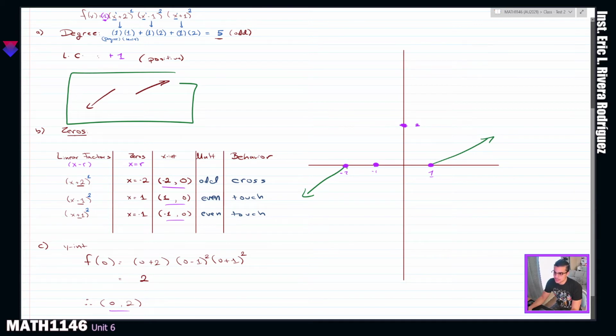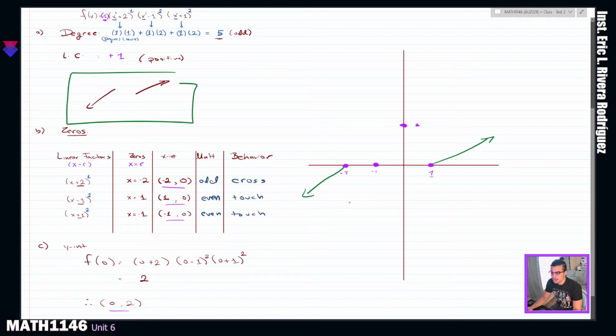I know that the graph will cross or at least touch on this x-intercept, all right? So that is why I'm connecting the end behavior with those 2 points that are on both extremes. So from the left it falls, from the right side it rises.